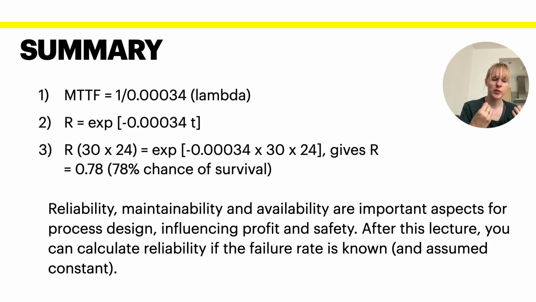And then if you know the specific time period that you're working with, you can calculate the reliability or the probability that your equipment is still working at a specific time period. Okay, so as mentioned, this is always a probability, so you're never going to be 100% sure. So we'll see when you do the design, you need to work on this probability and make sure that you implement appropriate measures.